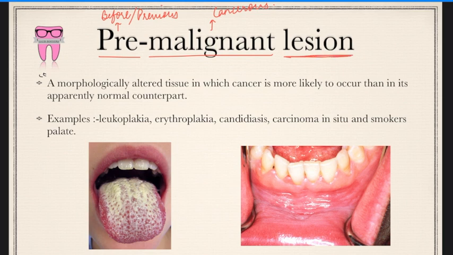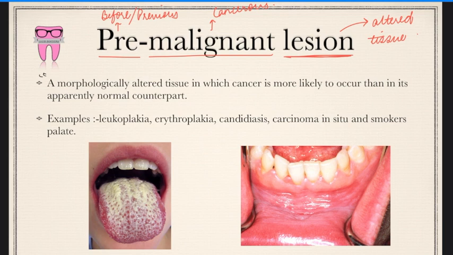If you have missed it by any chance, then you can go and look into it. Lesion means an altered tissue. So with this we got to know pre-malignant lesions. It means that it's an altered tissue which occurs before cancer formation.